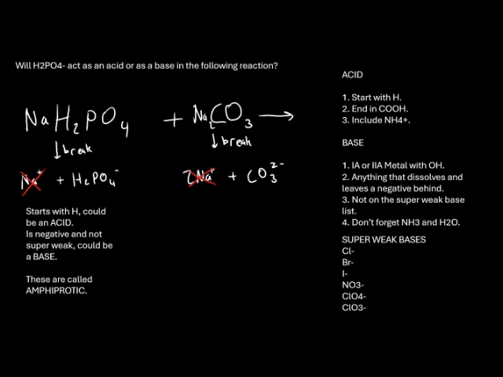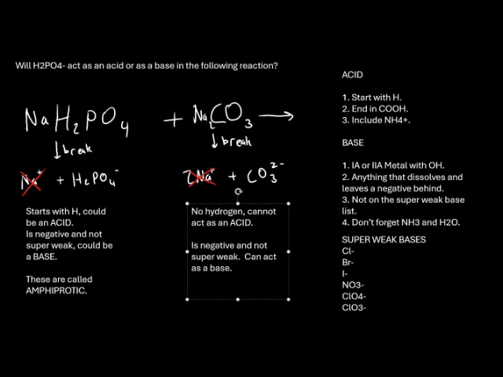We might notice CO3 2- does not have any hydrogen. Because it has no hydrogen, there's no way for it to act as an acid. Notice also that it is negative and it is not on the super weak base list. For that reason, the CO3 2- will act as a base here.